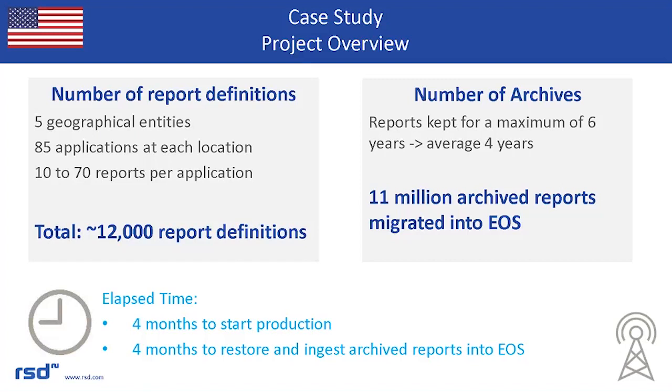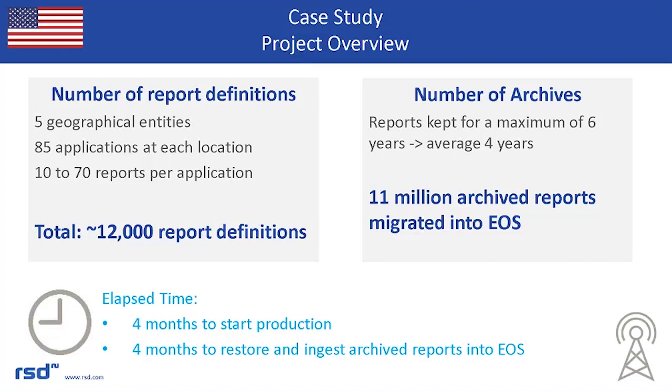There were about 85 applications for each of those states, and about 10 to 70 reports were defined per each application. This resulted in about 12,000 report definitions that were migrated from CA View report definitions to EOS 360 definitions.